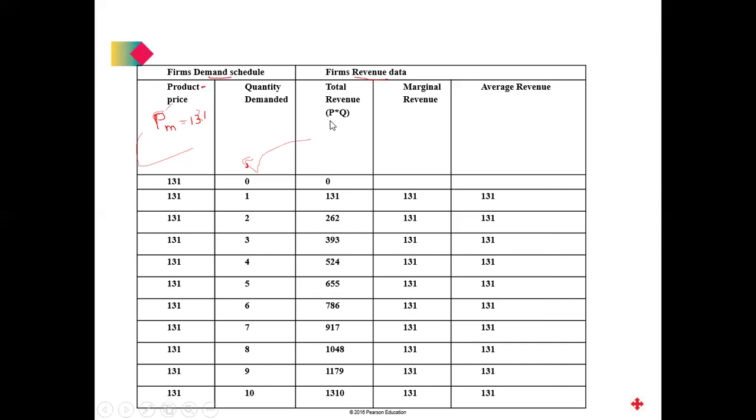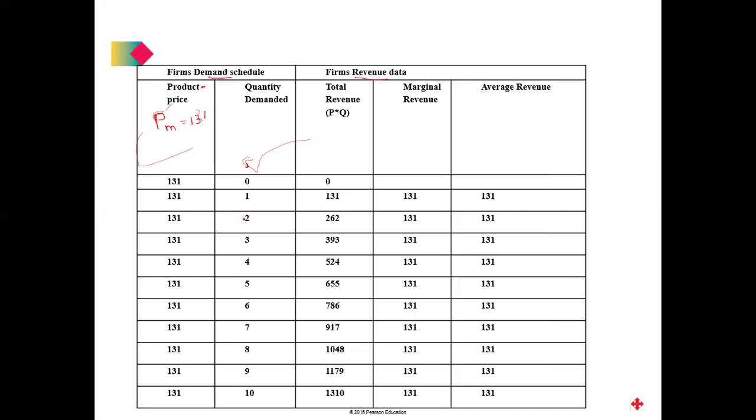Total revenue is price multiplied by quantity sold. So for example, when the quantity demanded is 1, the product price is 131. We multiply the product price by quantity demanded to get total revenue of 131.